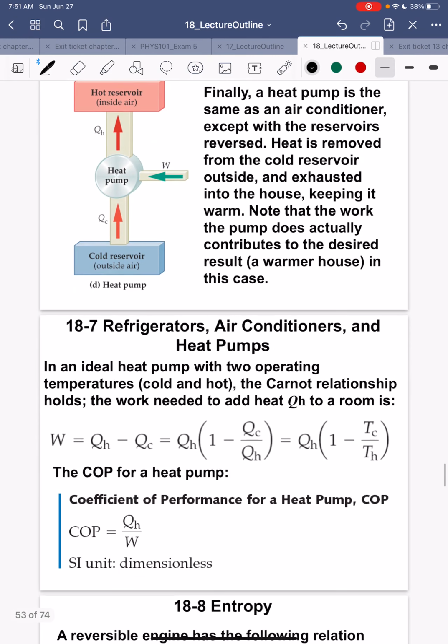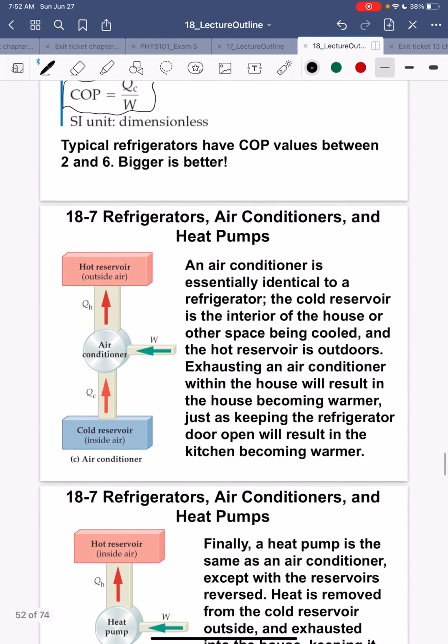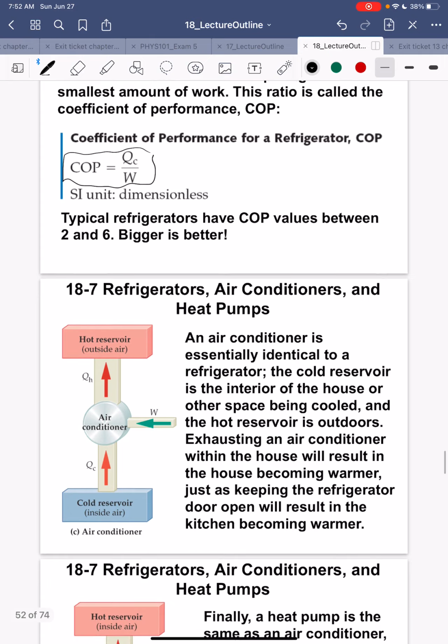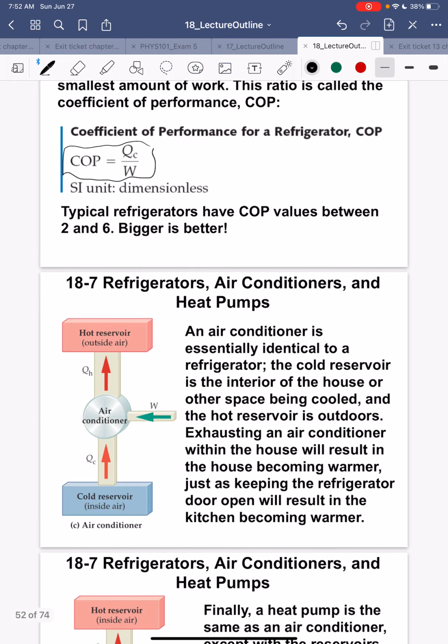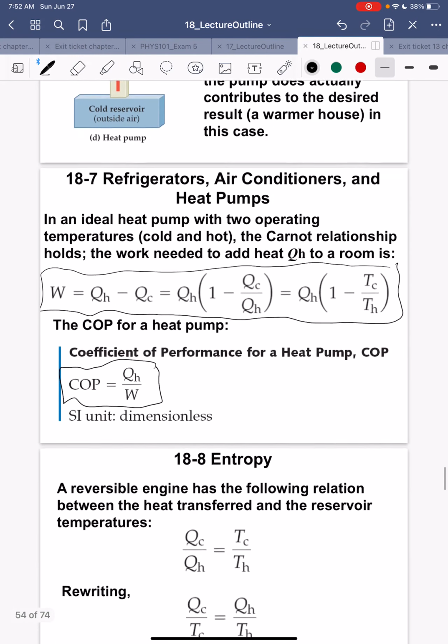This is the equation that we are going to use for an ideal heat pump with two operating temperatures: W equals Q hot minus Q cold. And finally, the coefficient of performance is Q hot divided by W. I want you to compare this one with the one for the refrigerator, Q cold divided by W. This one is Q hot divided by W.